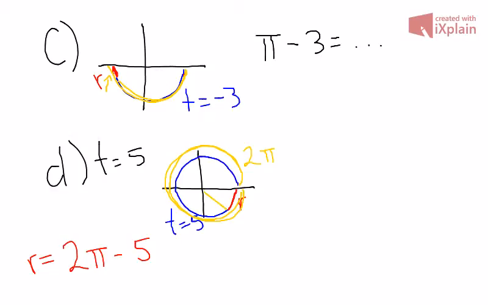So we go around 5, and then we have to see what this r is, what that remainder is. We went a whole distance of 2 pi, and we want to know that little bit left, so all we have to do is say 2 pi minus 5, and that gives us that remaining part there, okay? So that's pretty straightforward for all of those reference number problems, okay?